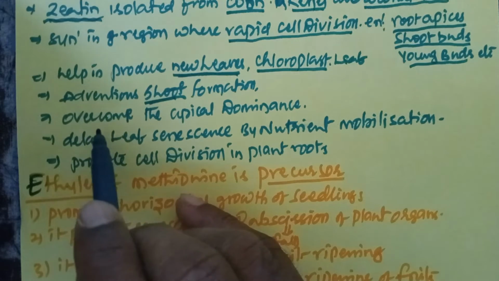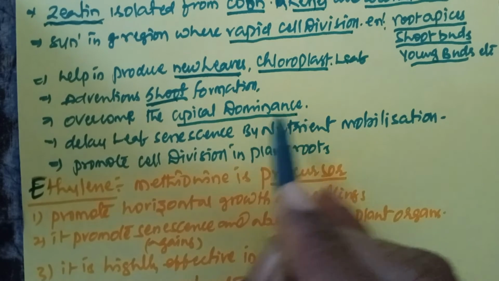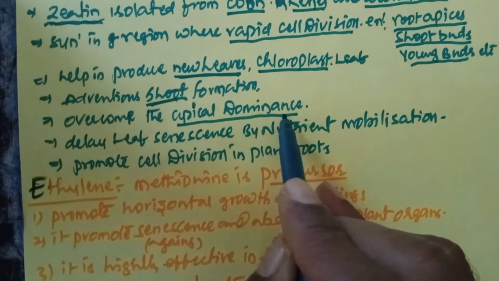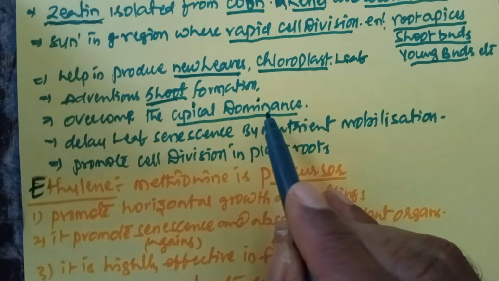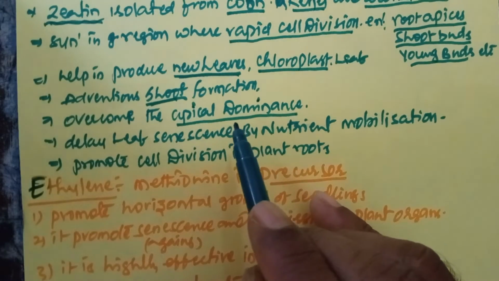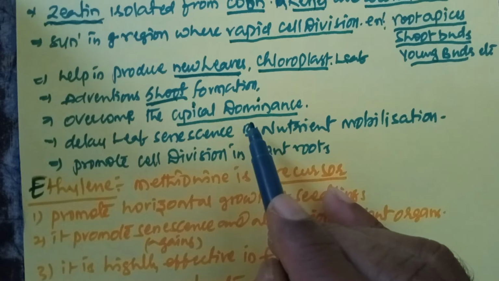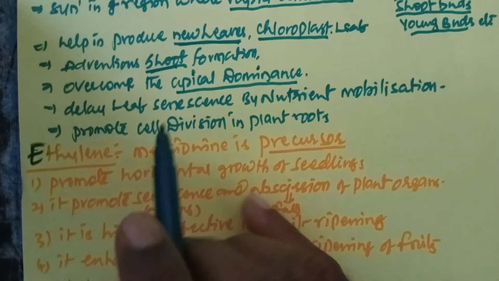It also helps to overcome apical dominance. We already defined apical dominance while discussing auxins. Apical dominance means the lateral buds do not grow fast when the apical bud is present. When we remove the apical bud, lateral buds grow very fast.